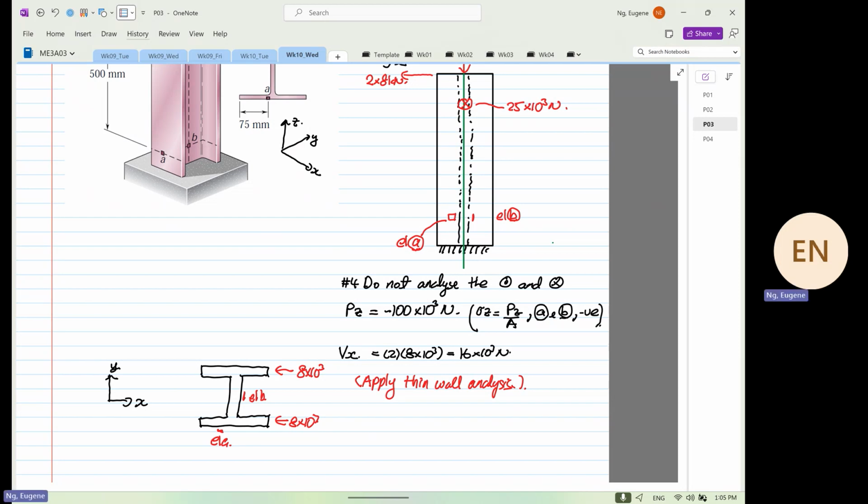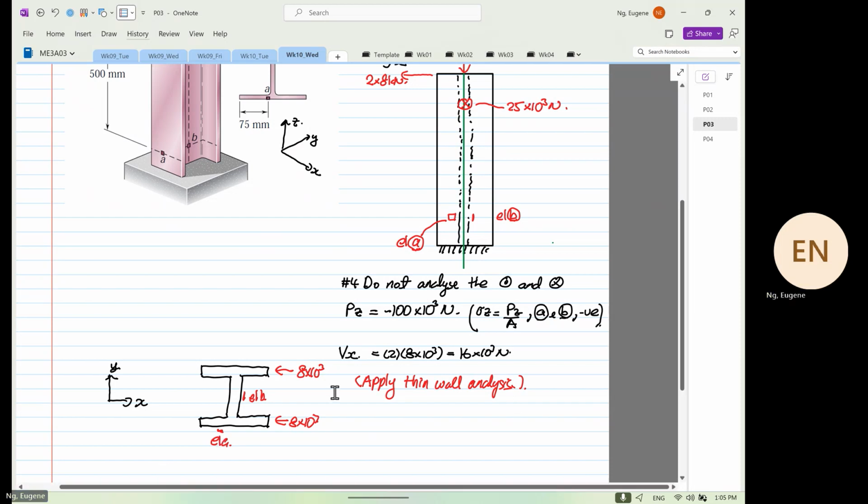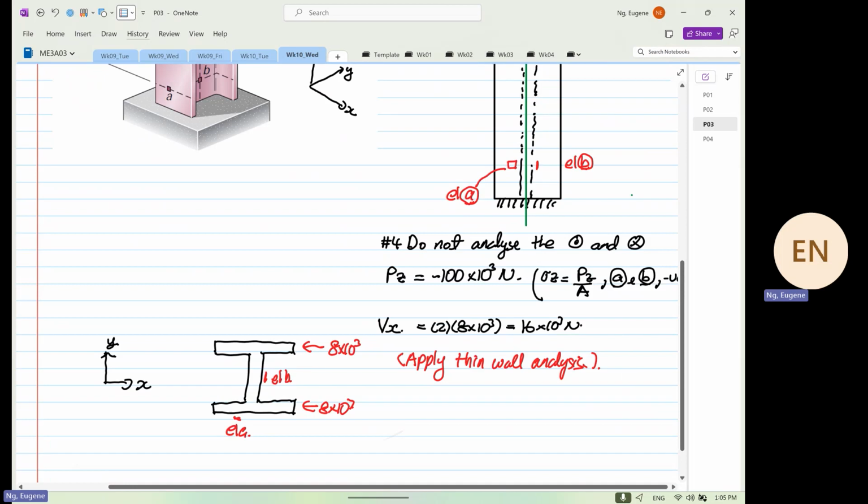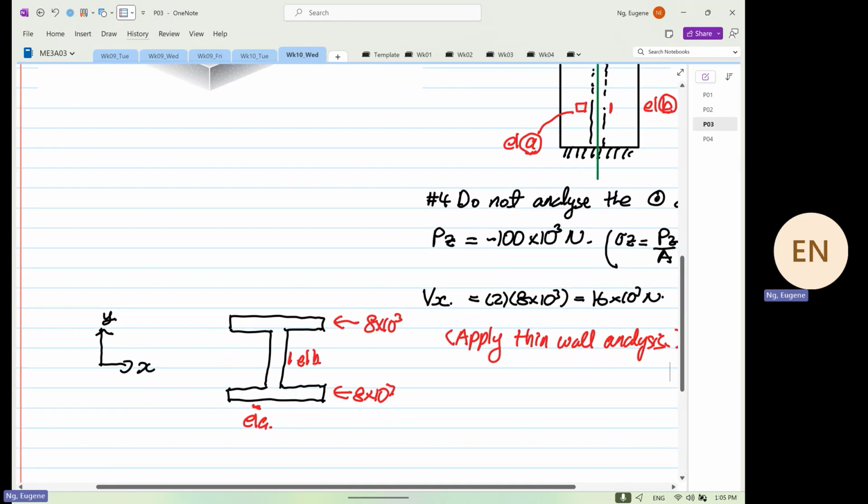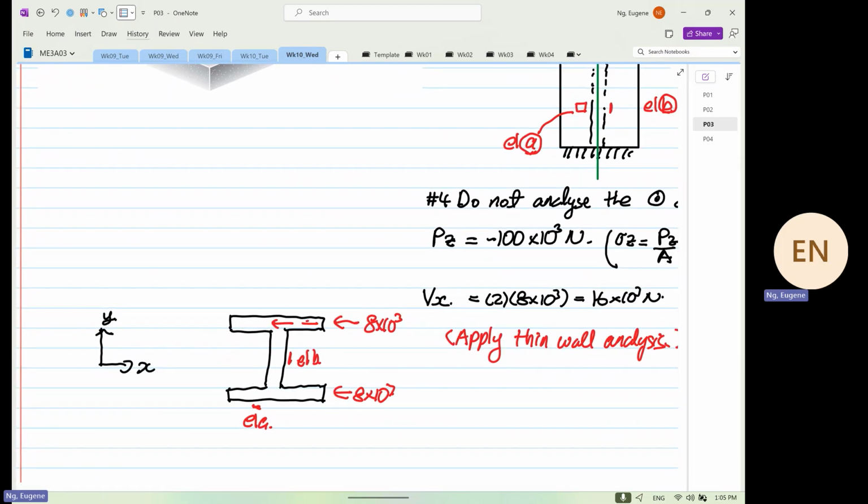Doesn't that sound familiar? What controls the shear flow? The major web. If 8 times 10 to the power of 3 is that way, this is how our shear flow will become. And then it will become here, and this is our terminal, this is our terminal.